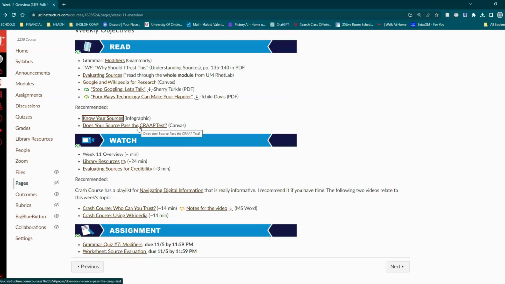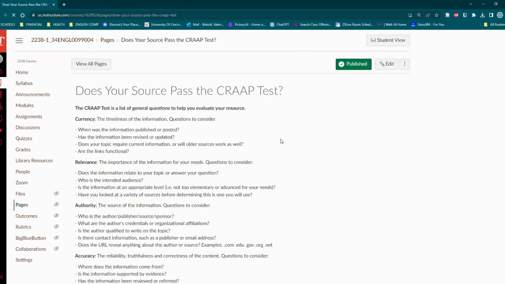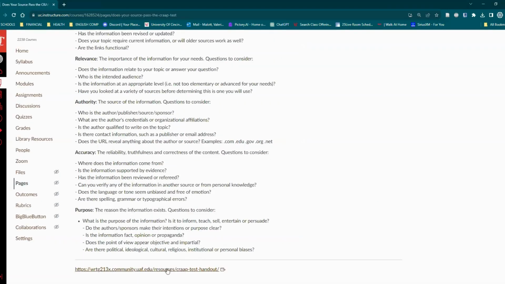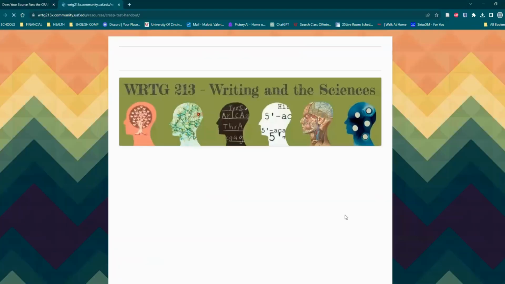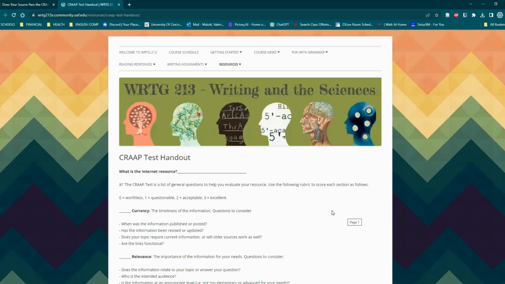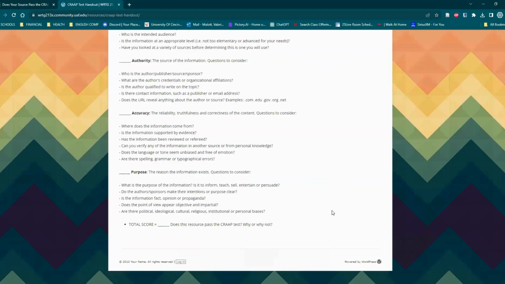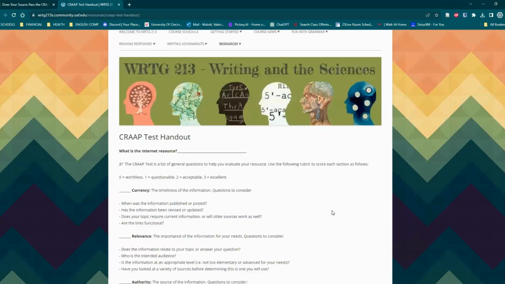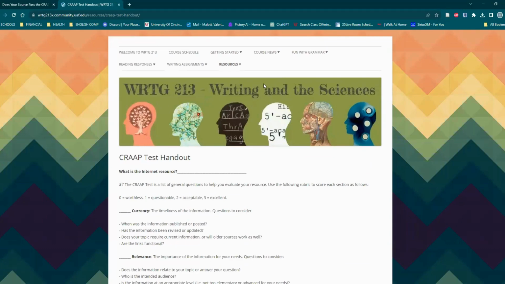And then we have this Canvas page. Does your source pass the CRAAP test? It's taken from this one. What is the UAF? I can't remember which university it is, but it's taken from an online writing class as well.